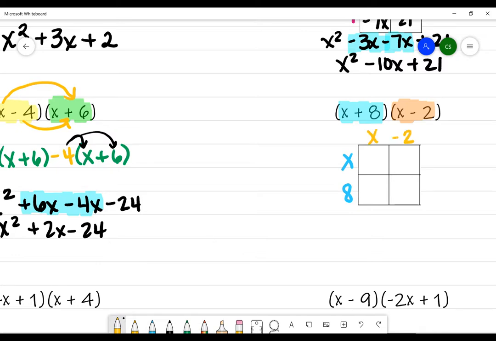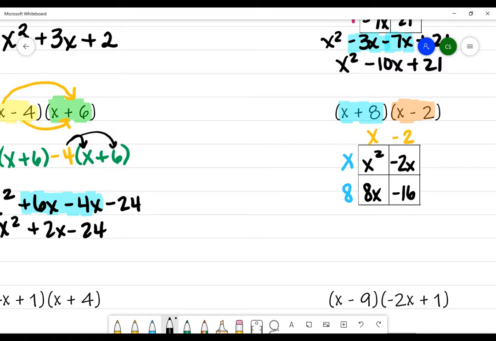So if you had to put x and -2 going down and x and +8 going across, you still get the same answer. So I multiply. x times x is x squared. -2 times x is -2x. 8 times x is 8x. And 8 times a -2 is a -16.